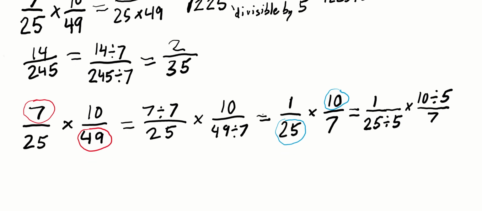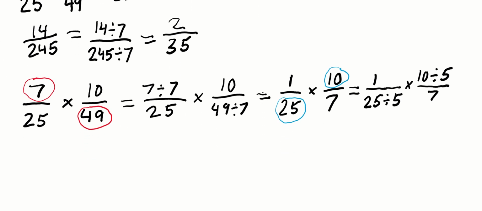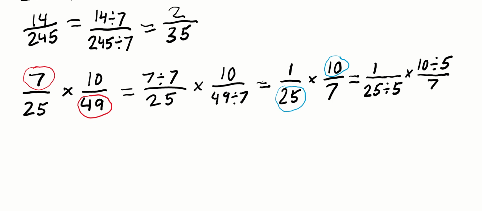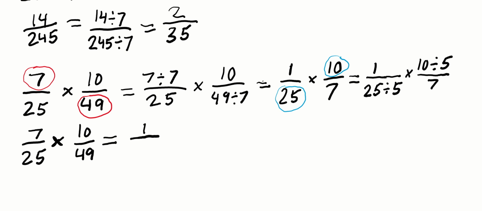So after canceling is completely finished, we could say 7 over 25 times 10 over 49 is the same problem, or has the same product as 1 over 5, 25 divided by 5 here, times 2 over 7, with that 2 coming from 10 divided by 5 here.